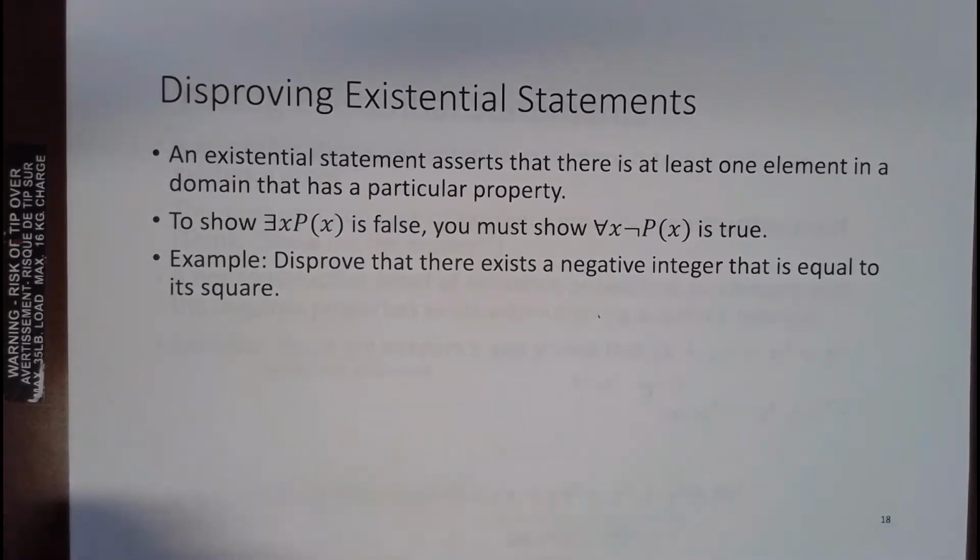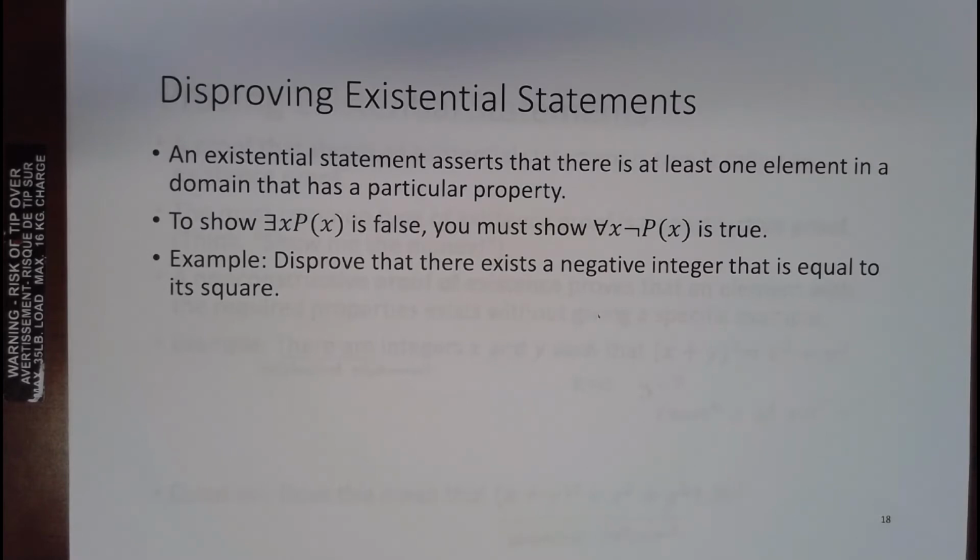For example, the positive integer 1, if I square that, is 1. It's equal to its square. Is there a negative integer for which that is true? No. To disprove it, I would have to show that there doesn't exist a single such integer. But we can make a general argument.